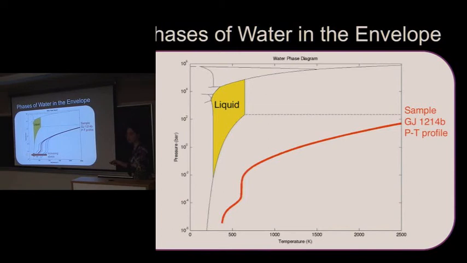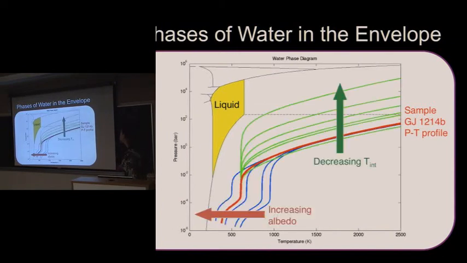So increasing the planet albedo, the amount of radiation that's reflected, we can decrease the low pressure region of the planet envelope. Decreasing the planet intrinsic luminosity effectively changes the entropy of the planet interior.